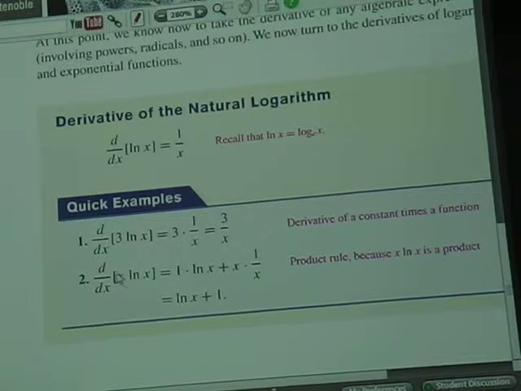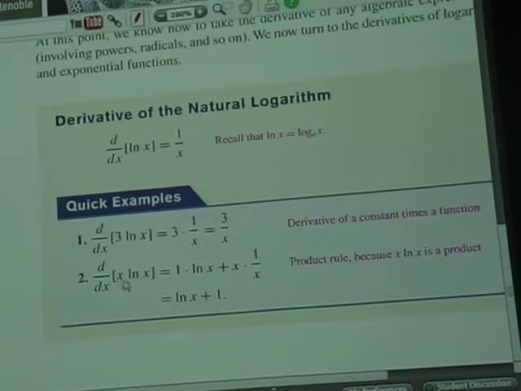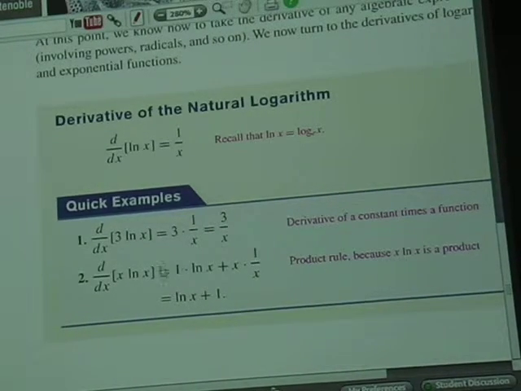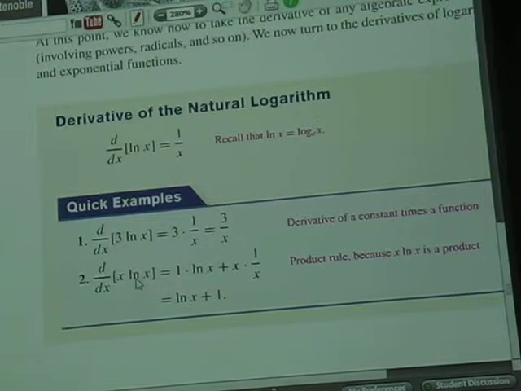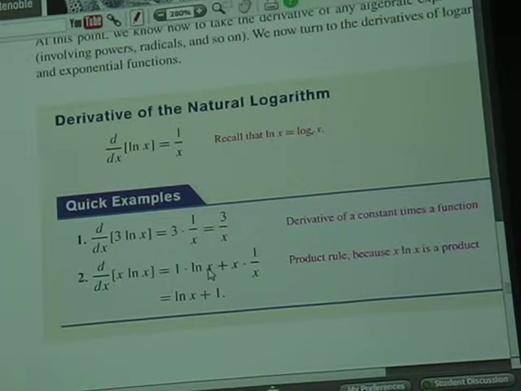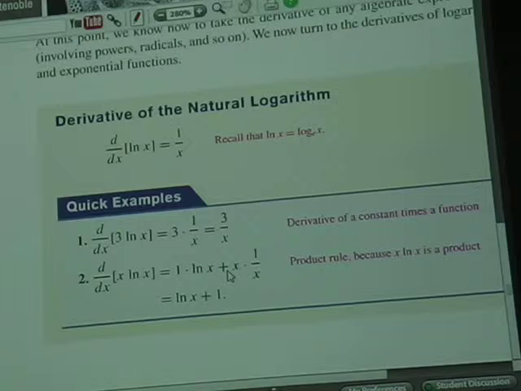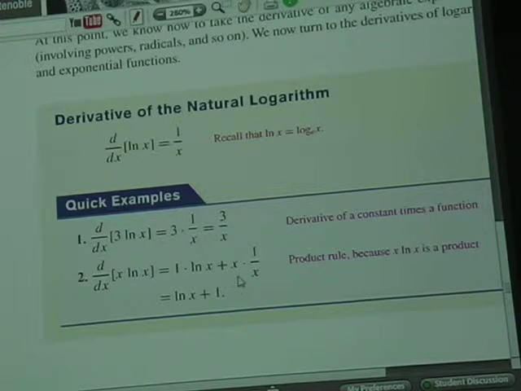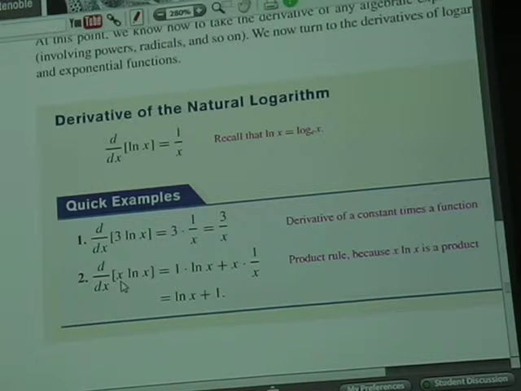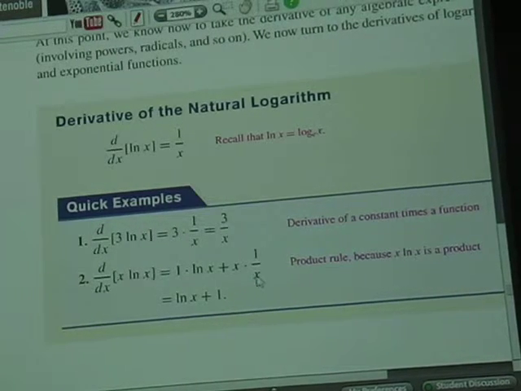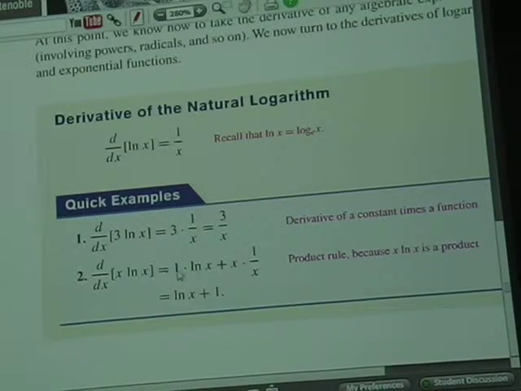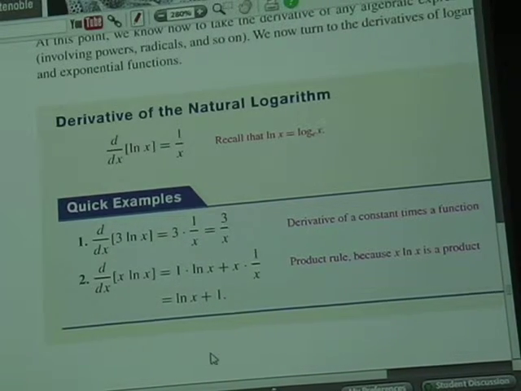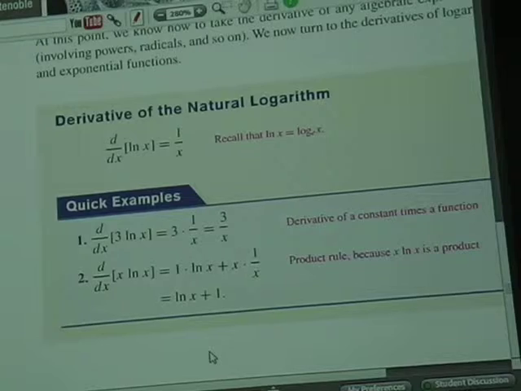F prime, so what's the derivative of x? 1 times G, ln of x, plus just x without taking the derivative times the derivative of this one, 1 over x. So what do we get? This plus that, we get that. Okay, that's the answer. Any questions about that?